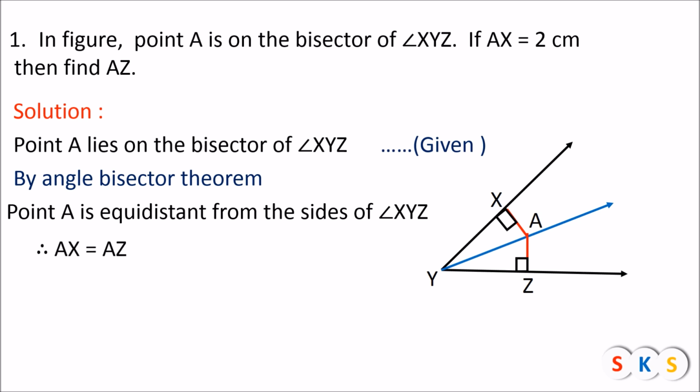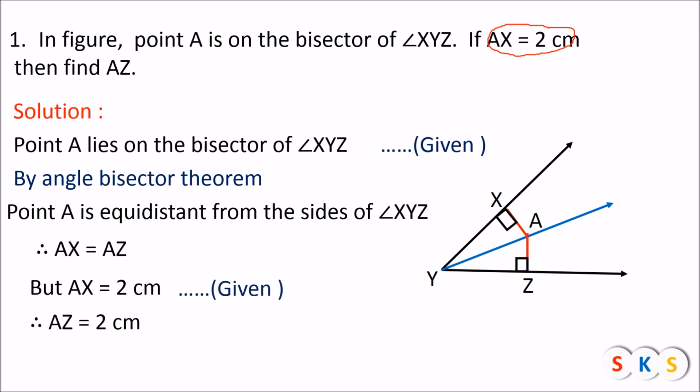Here seg AX equals seg AZ. Do you know why? Because A lies on the angle bisector. Here AX is 2 cm, it's given in the question. If AX is 2 cm, then AZ will also be 2 cm, since AX and AZ are equal.